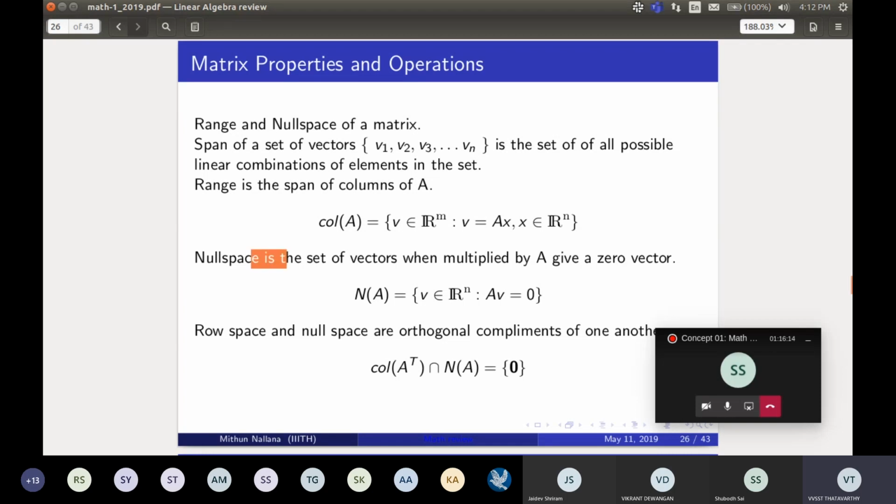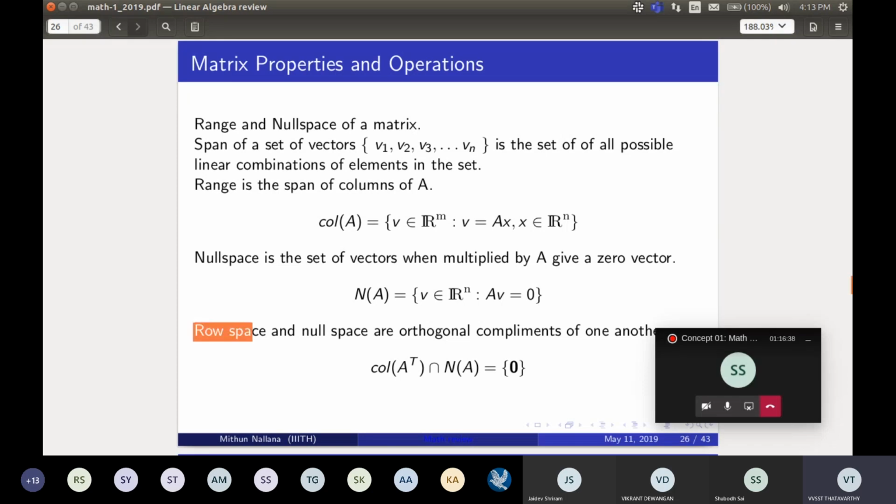So the null space is the set of vectors that, when multiplied by A, give you a zero vector. These are just properties and operations performed on matrices. But how they are applicable when solving equations or a particular set of problems, we will see in the coming sessions.